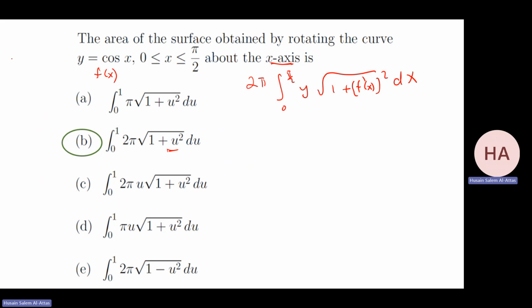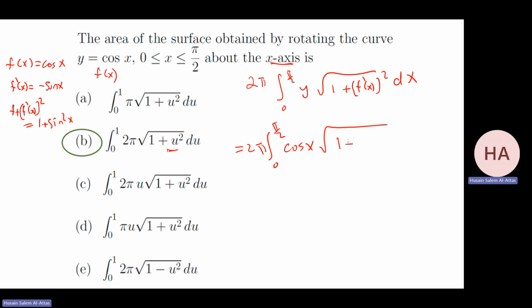So f of x equals cosine x, f prime will be minus sine x, and 1 plus f prime square will be 1 plus sine square. So this will be 2 pi integral from 0 to pi over 2, cosine x, square root 1 plus sine square dx.